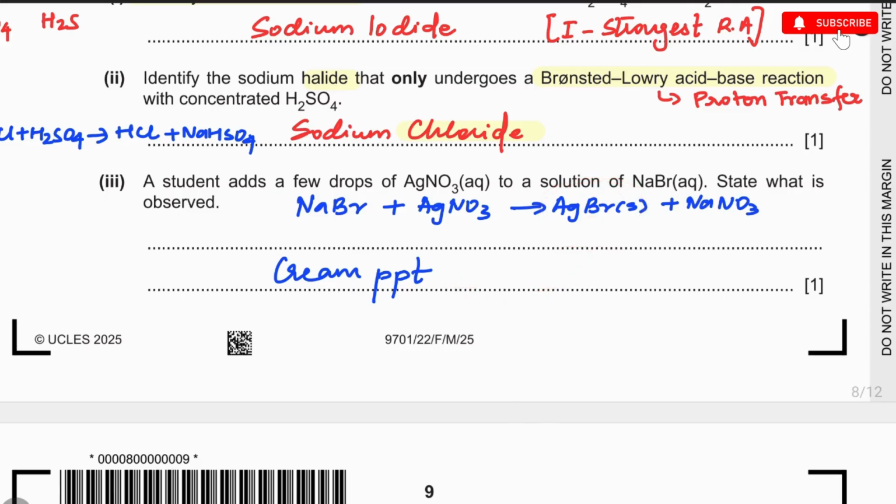You should know the qualitative analysis where each halide ion gives a different color. Chloride will give a white precipitate, bromide a cream precipitate, and iodide a yellow precipitate. In a similar way, we can find out the different halides giving different precipitates.